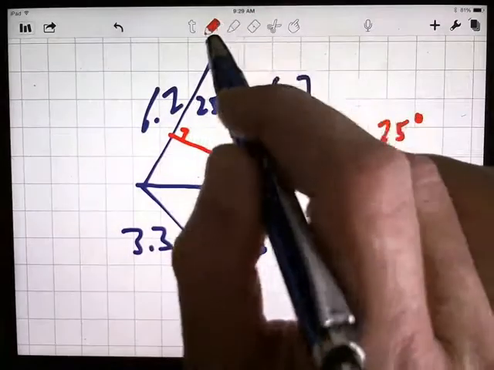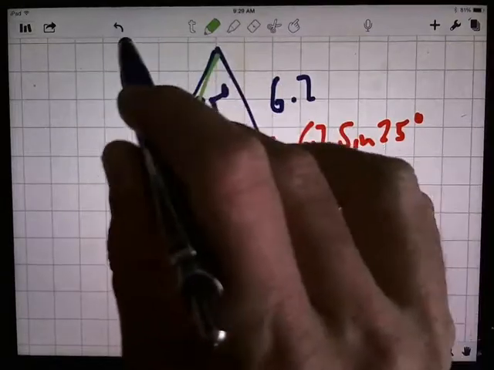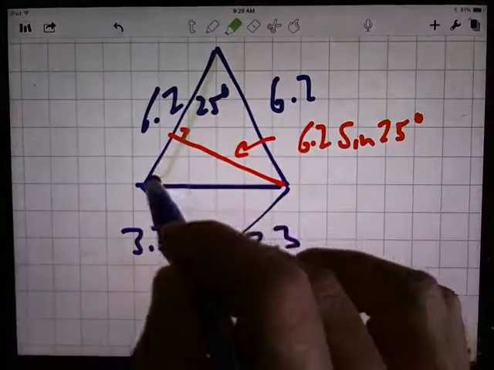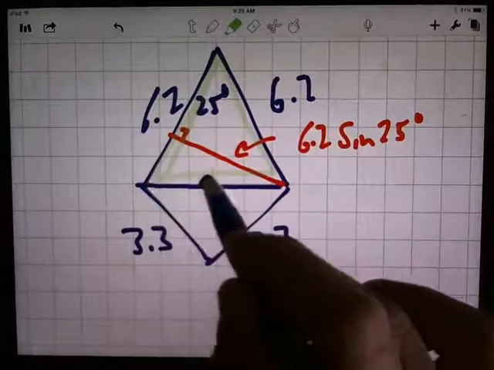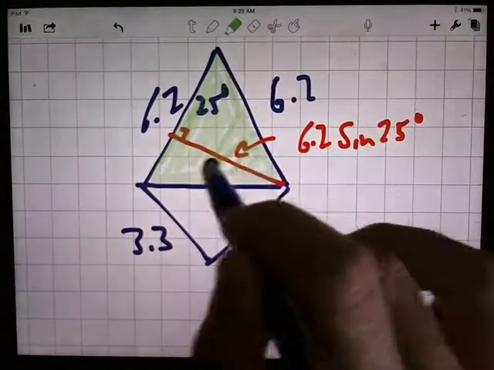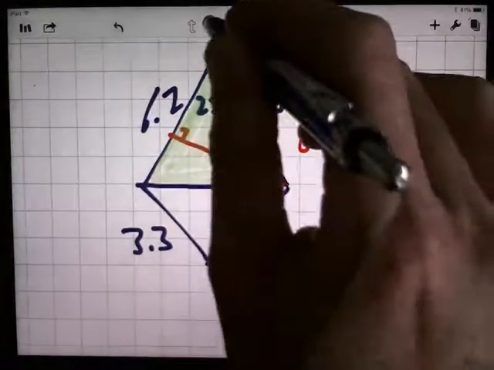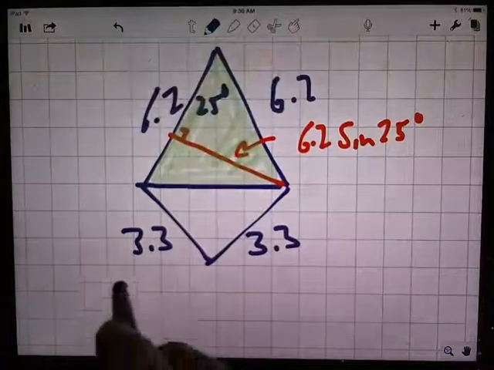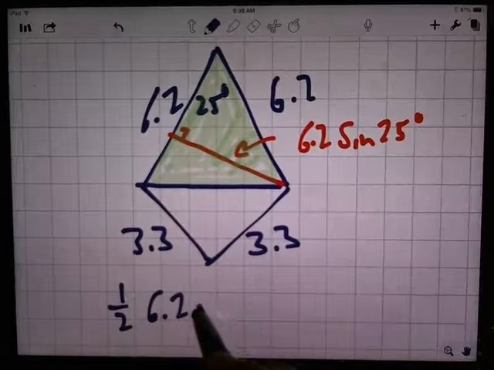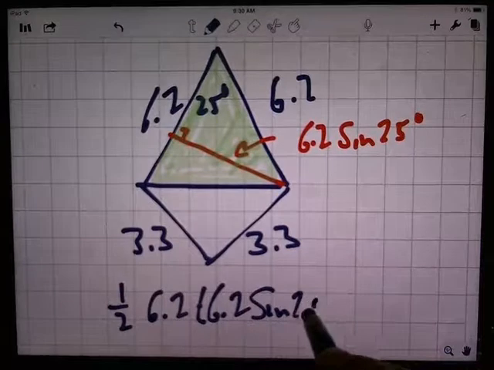so now, how are we going to do this? Let's do this in green here. I meant this in green. So this triangle here, this whole thing, has area 1/2 the base, 6.2, times the height, which is 6.2 sine of 25 degrees.